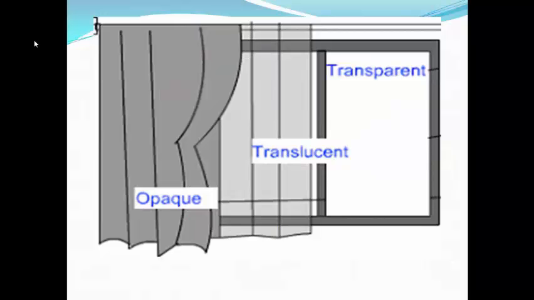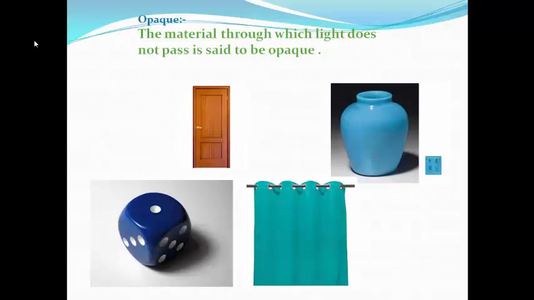Now, we are going to study opaque, translucent and transparent objects. Opaque. The material through which light does not pass is said to be opaque. As you are watching the video, you can see that light can't pass through these materials, so no image will be formed. These are called opaque objects.